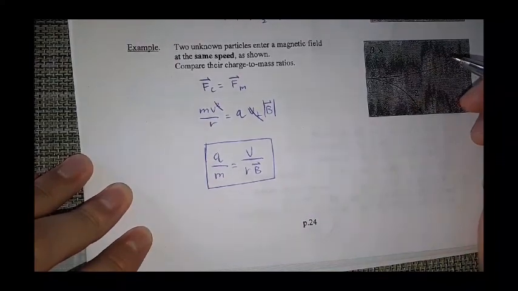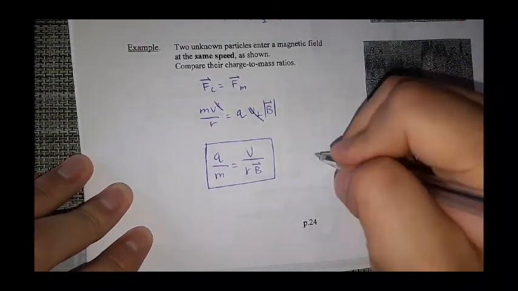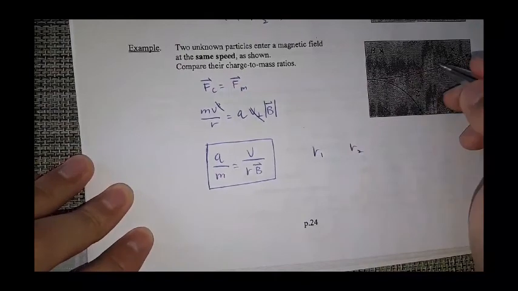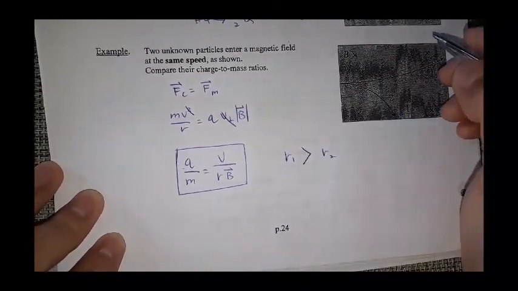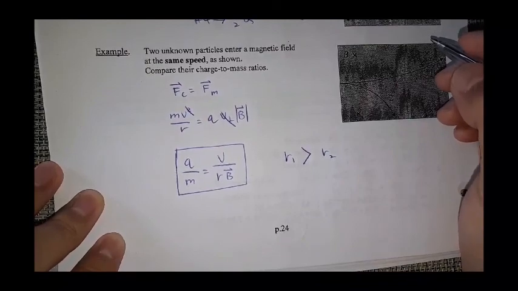And if you look at it, can you see that R1, R2, if I compare those 2 circles, radius 1 is definitely larger? And how can that happen?